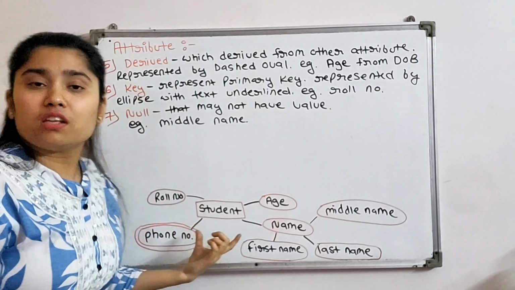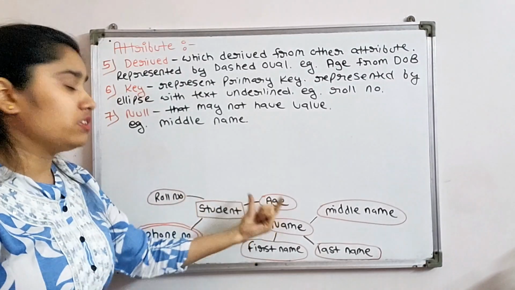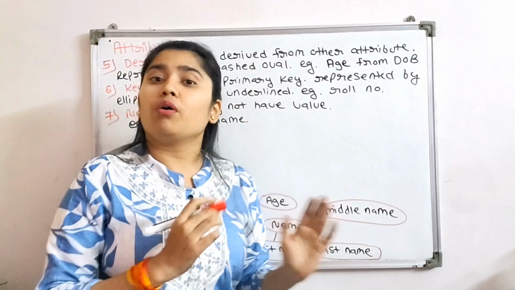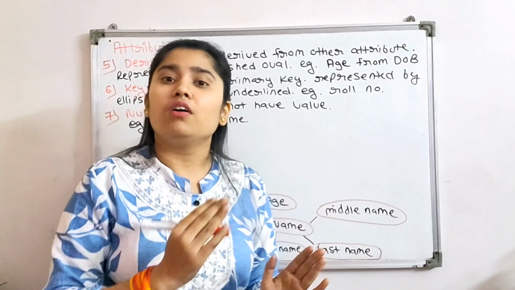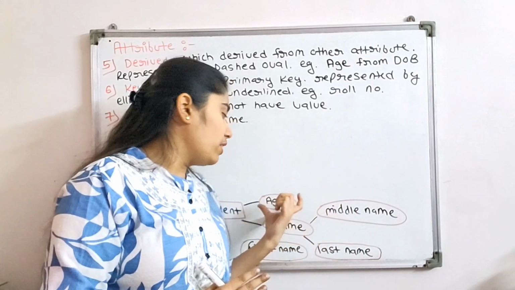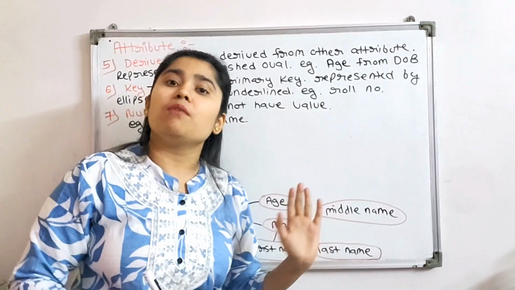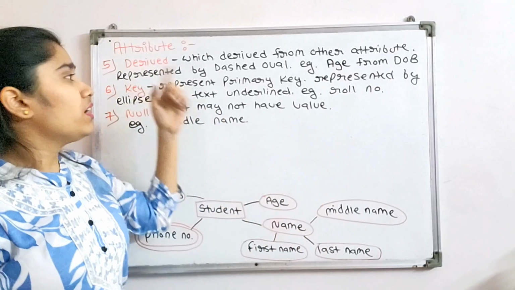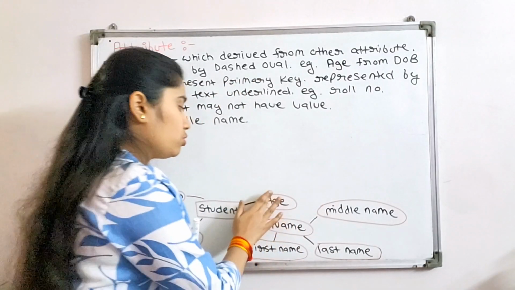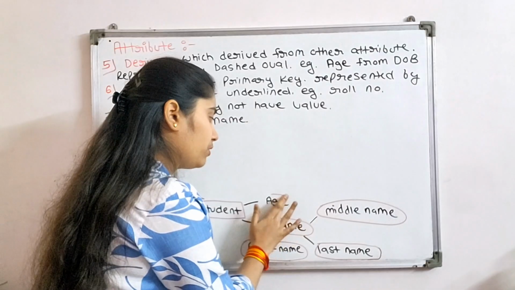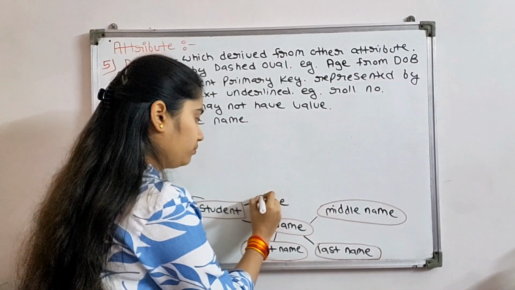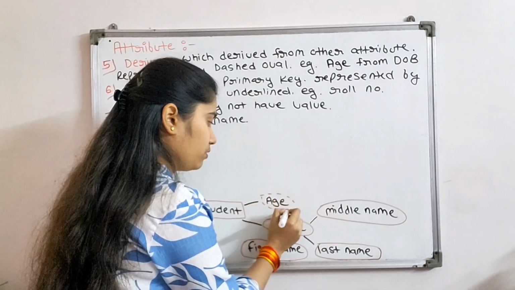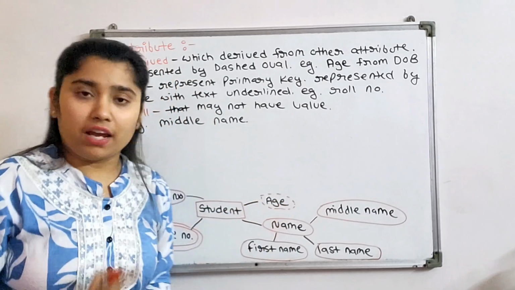In our ER diagram, we have seen age as a simple attribute, which cannot be further divided. So age is a simple attribute and also a derived attribute, so we will represent it as a dashed oval like this. This is our derived attribute.